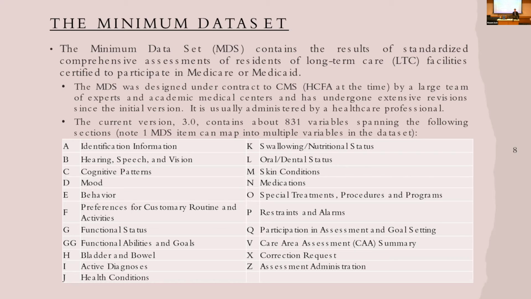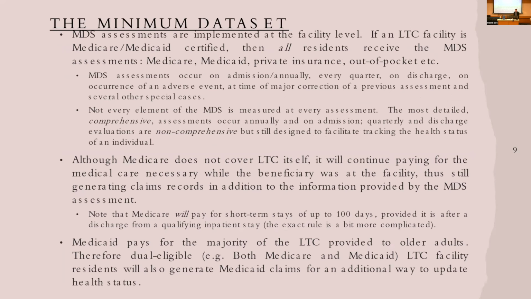It's much shorter and easier than that. In general, we have identification information, info on hearing, speech, and vision, cognitive patterns, mood, behavior, preferences for customary routines and activities, et cetera. A lot of the things in this list are quite useful to supplement Medicare analysis and to study Alzheimer's disease.